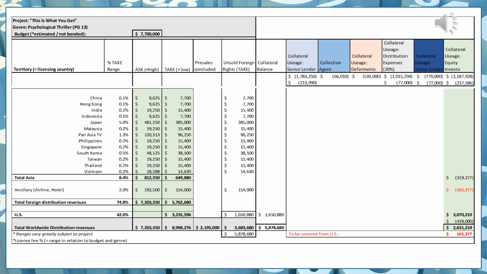In the ideal world, you don't necessarily want this, but oftentimes you cannot avoid it simply because not every pre-sale sells at the take level. Some sell below. Not every territory sells at the ask level. Some sell only at the take level.